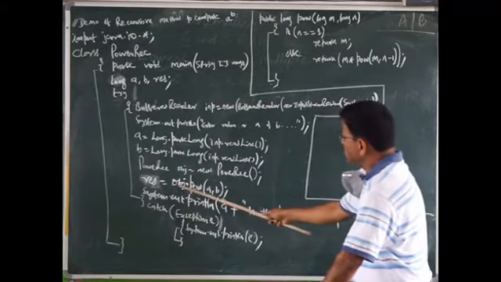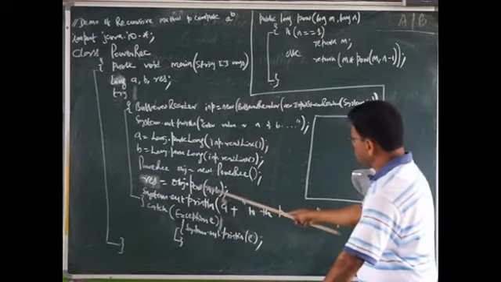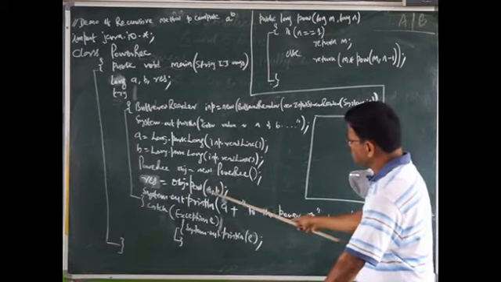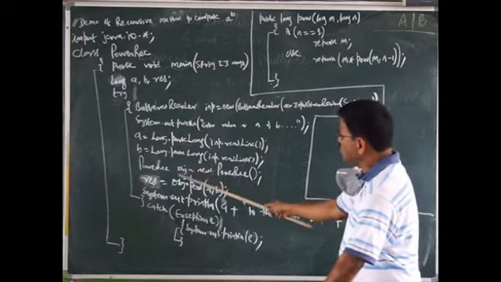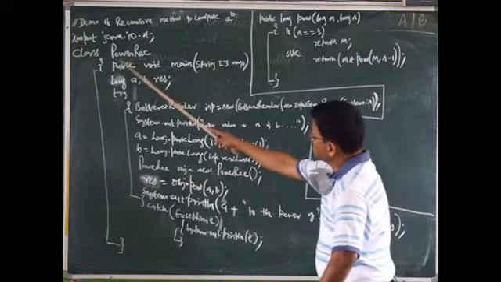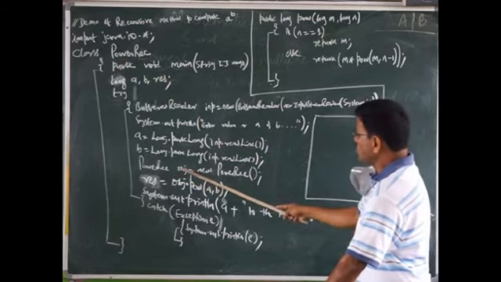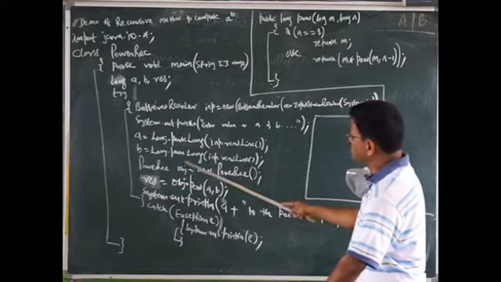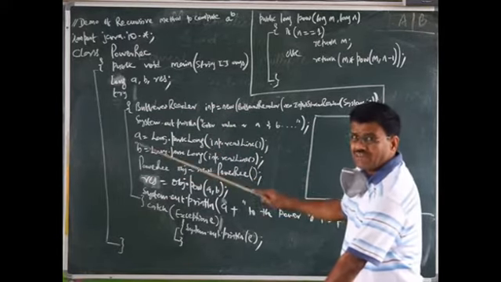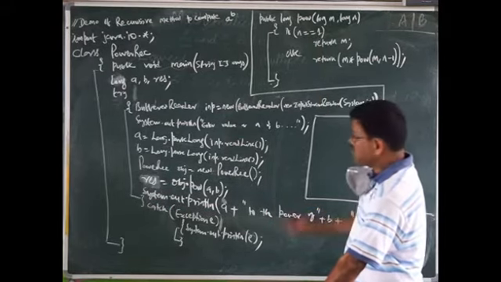From the main method, I switch the control to a method called POW, where the values of A and B I substitute. I create an object called OBJ. What is the class name? Power Rack. OBJ is equal to new PowerRack. This is the first object for the sake of input. This is the second object to navigate from the main method to the power function.